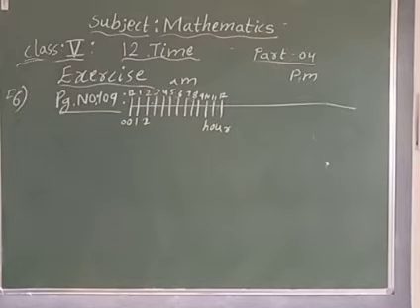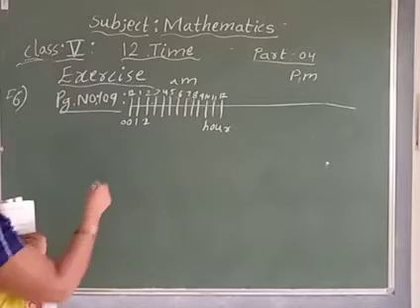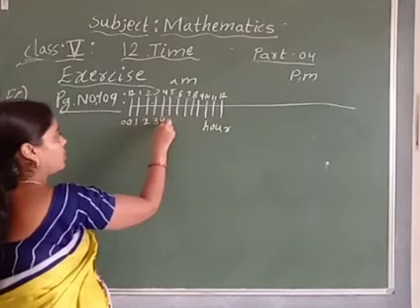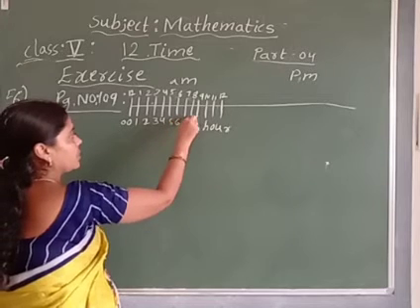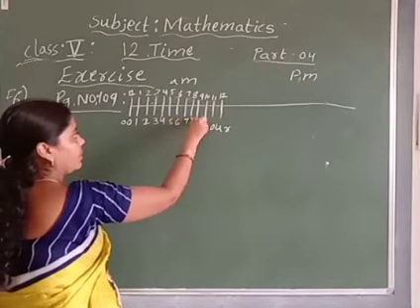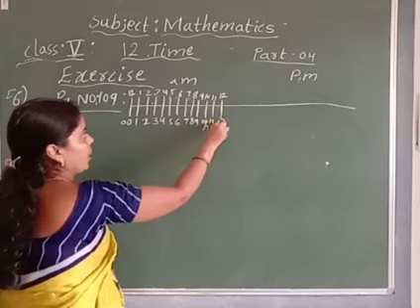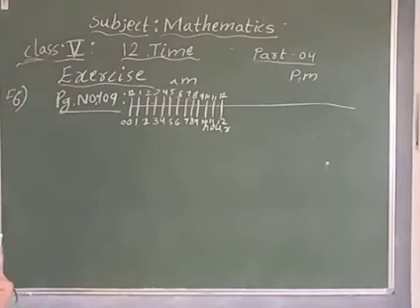In both the 12-hour clock and the 24-hour clock, the hours are the same up to 12.